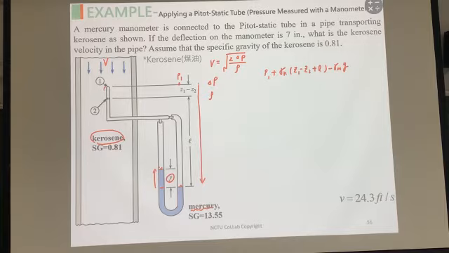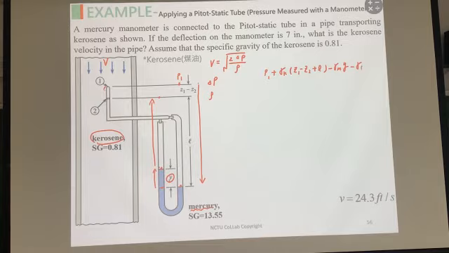Finally, we would like to go back from this point to here, and this is L. The length from this point to this point is L minus Y. And what is the liquid along this length? It is kerosene.